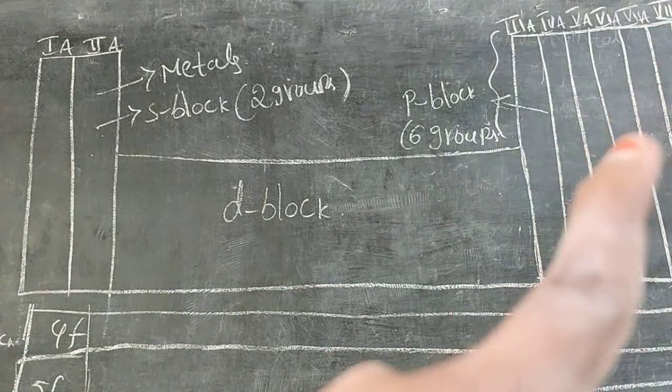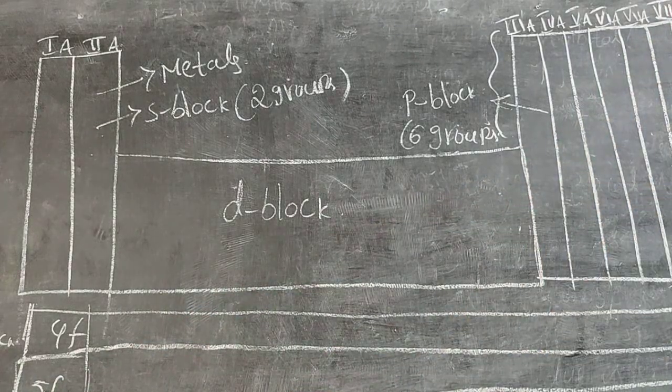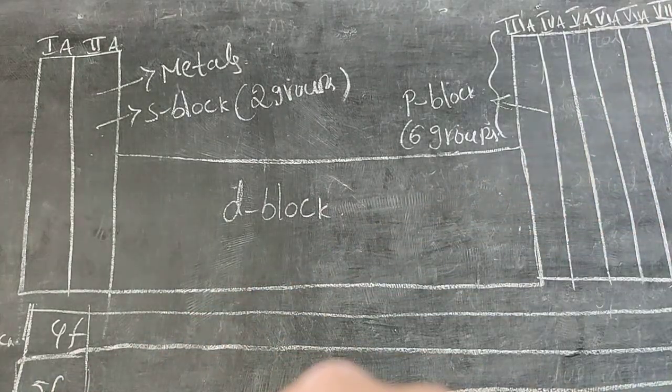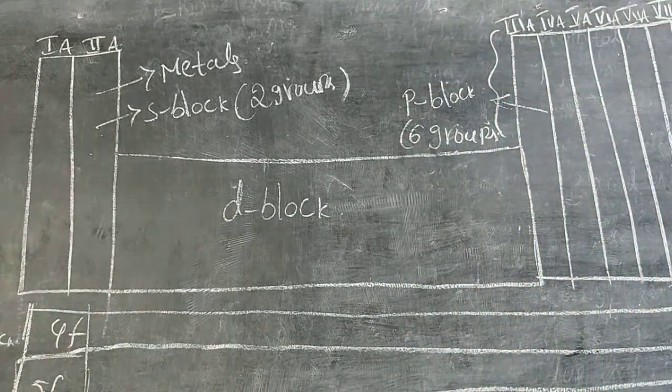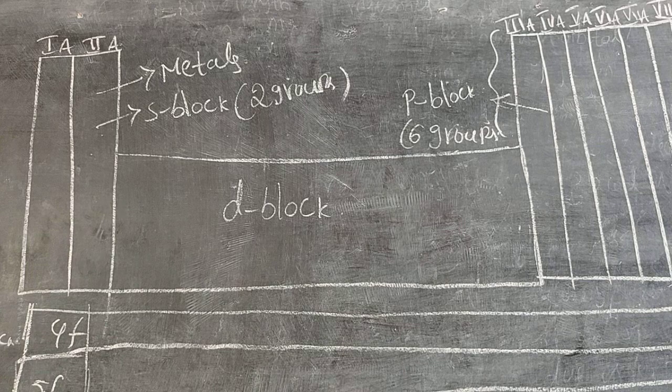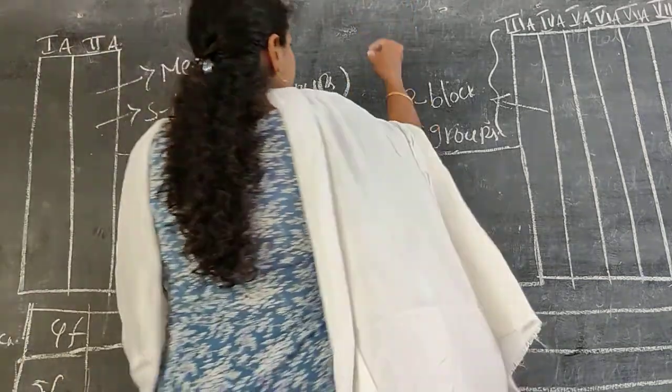In the P block, it is again divided into 6 groups, 3rd A up to 8th A. Here metals are there, non-metals are there, and metalloids are there. You must remember that point for the P block.